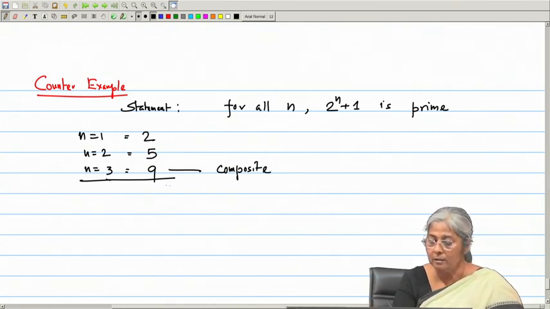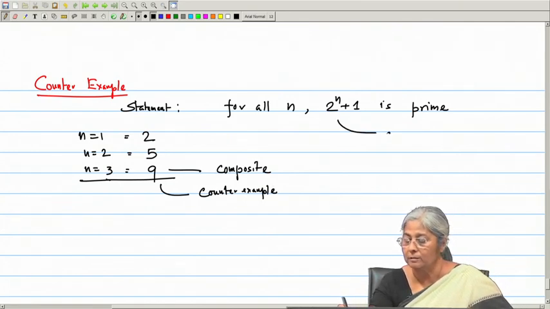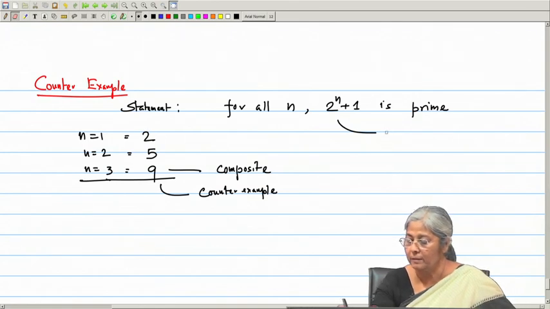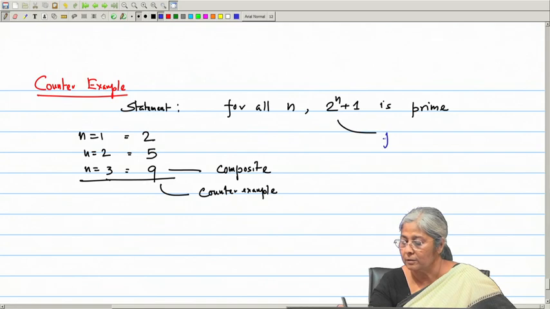So, this is a counterexample, and we can tell that this is a false statement. Many times we can prove this by counterexample.